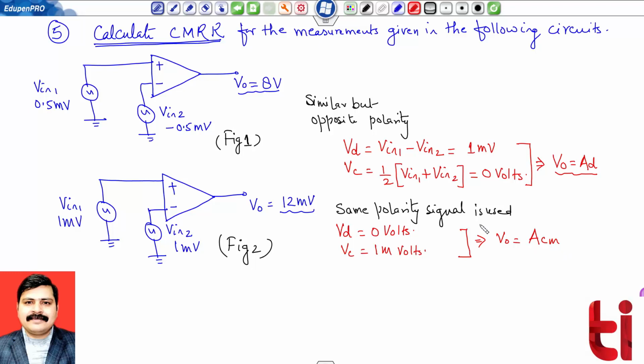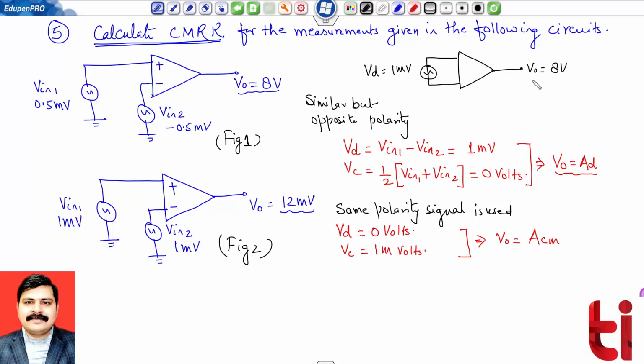Okay, so I can draw the circuit diagram so that one can easily understand the term. Now I have a differential input over here, Vd, and the value of Vd is 1 millivolt I have applied, and receiving V naught equal to 8 volt.